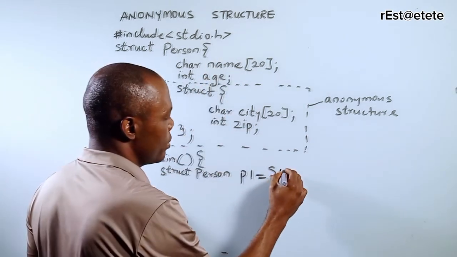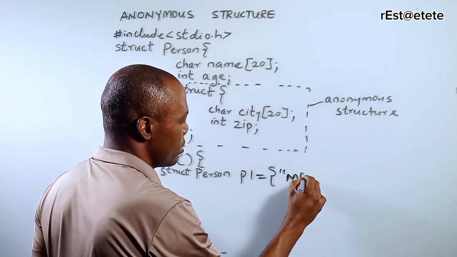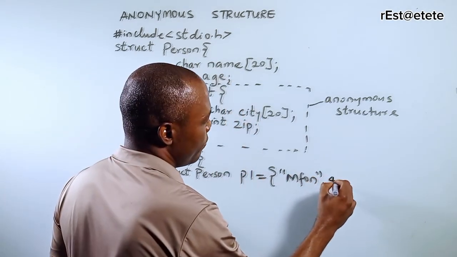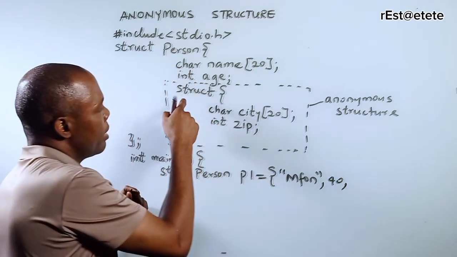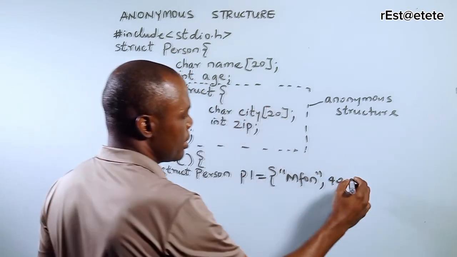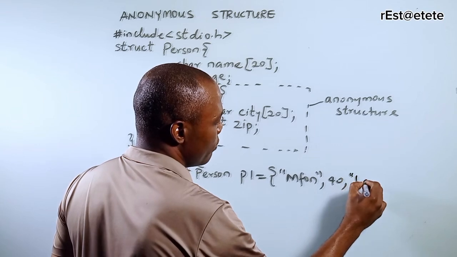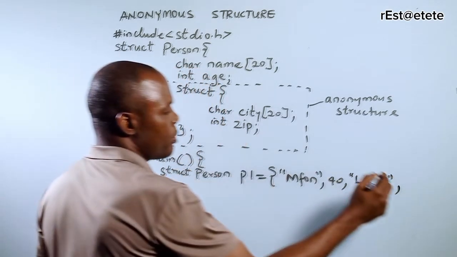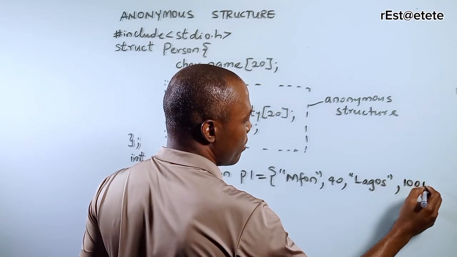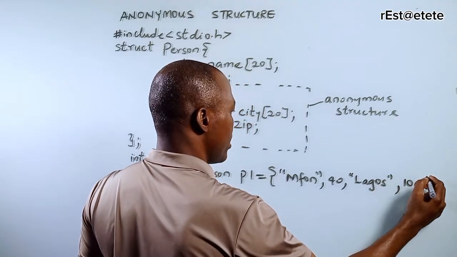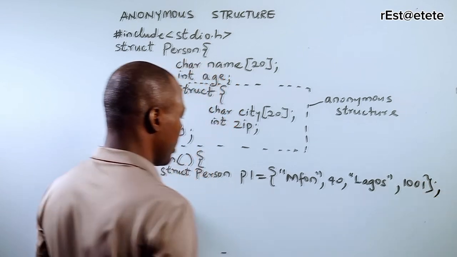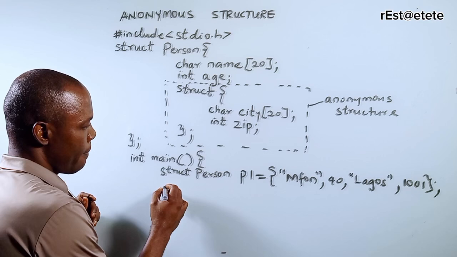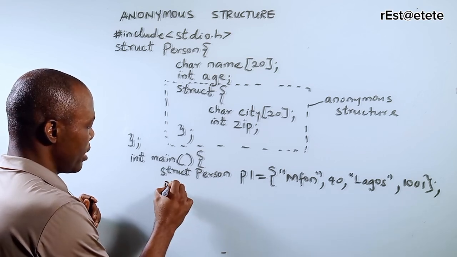Name, we give info to it. Then age, we'll give it 40. And the city, we'll give it Lagos. And then the zip, we'll give it 1001, and then we close it like this. Now, to access these values, I'll say printf.